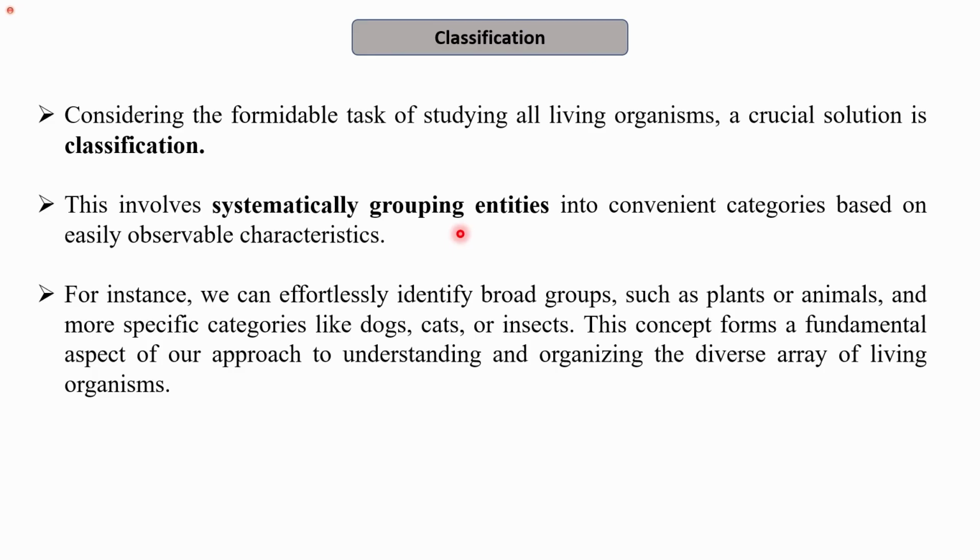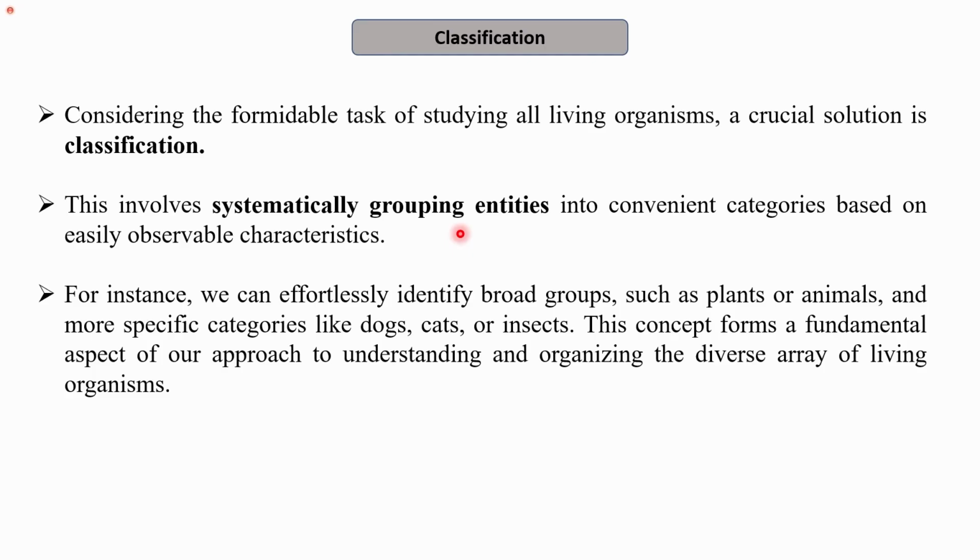When I talk about plants, I know that the living organisms which cannot move may come under the category of plants, while animals have the tendency to move from one place to another. So certain characteristics can be assigned to certain groups, and that can be the basis for classification.